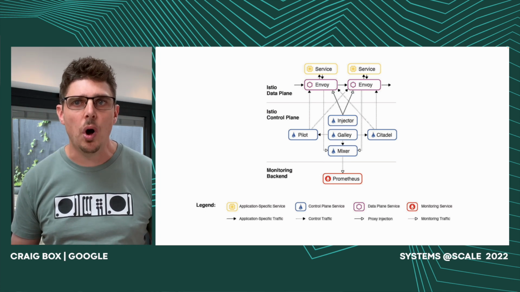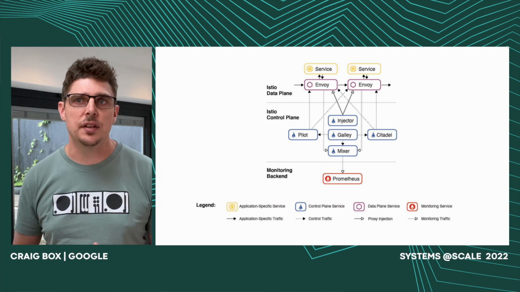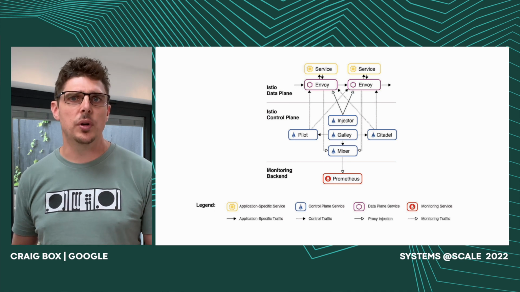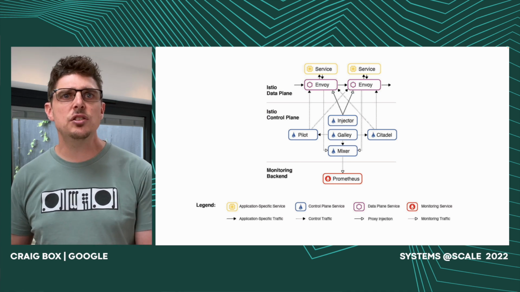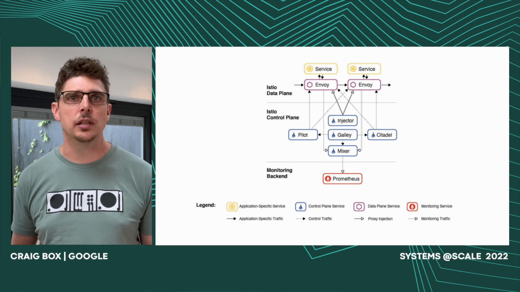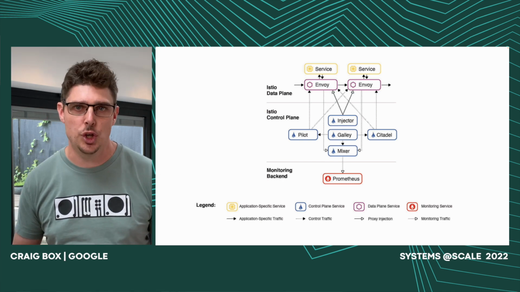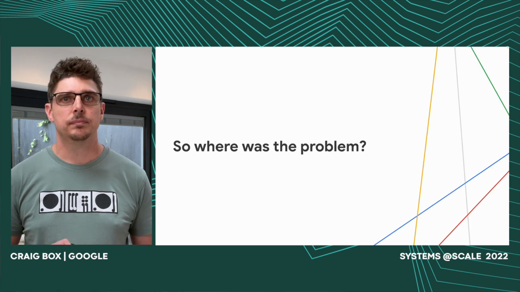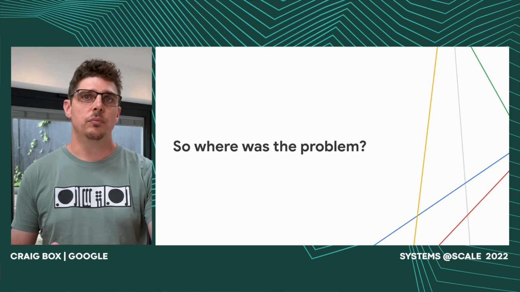Istio's control plane was, itself, a modern cloud-native application, with a need for components to communicate securely and to be observable. Therefore, it seemed obvious that Istio's control plane should be a microservices application. So, where was the problem?